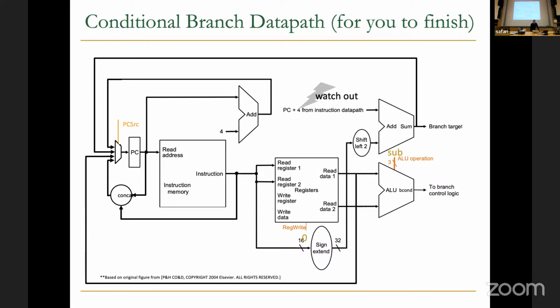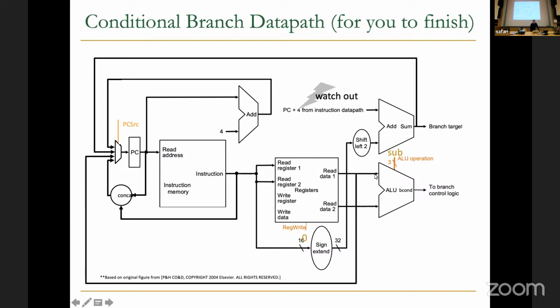Yes, branch should be taken. Only if the branch is determined to be taken, this output of the adder that calculated the branch target address as specified by the BEQ instruction should be propagated into the PC. Otherwise, this multiplexer should select PC plus 4, right?